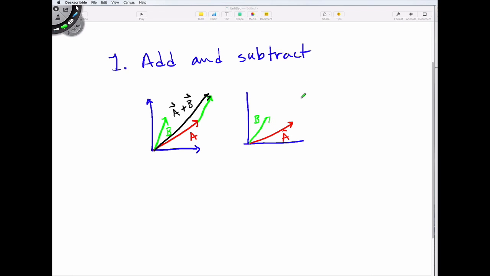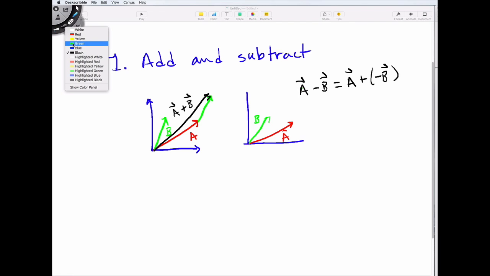Well, A minus B is the same as A plus negative B. So when we minus a vector, that just reverses its direction. So we can take and put B here, that would be minus B, and then that means the resultant vector is down here. That's going to be our A minus B.